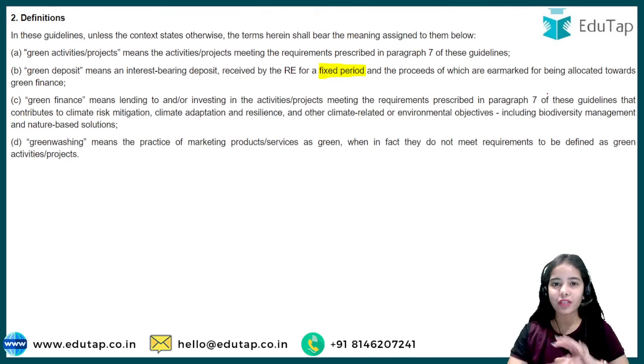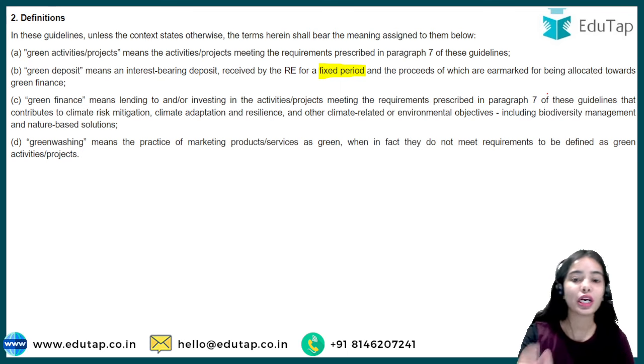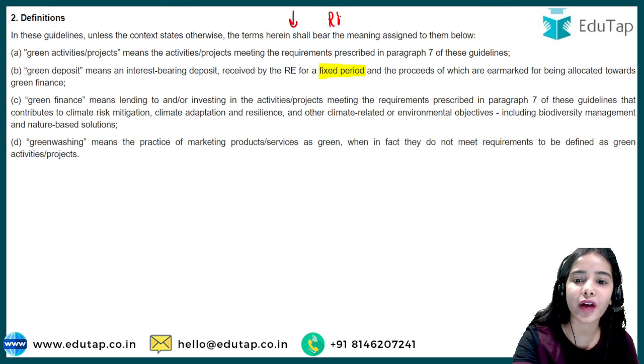Now let's have the complete clarity about these green deposits. Now you will have the complete definition. So these are the definitions that have been provided by the RBI in its framework.